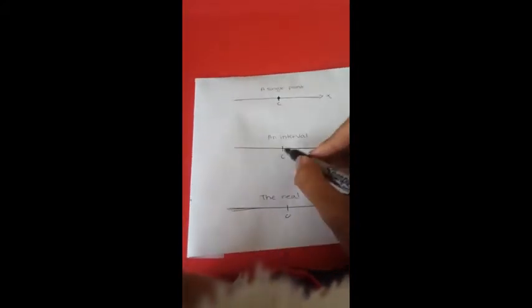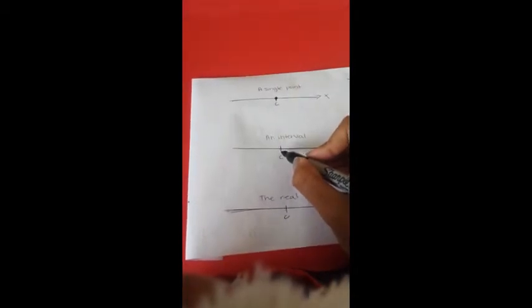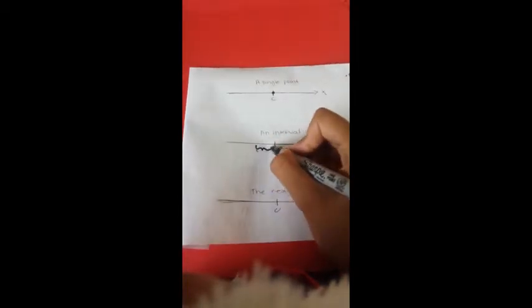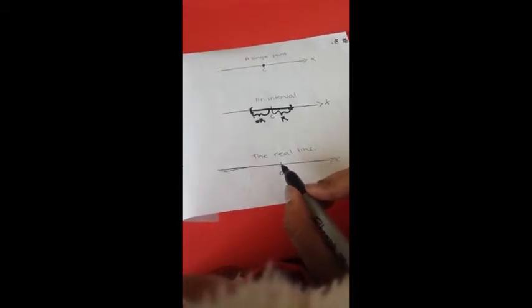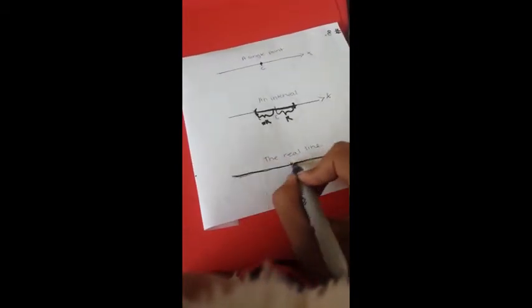An interval from negative r to r, or the left side of that, and that's where the series will converge. Or the third one is that the series converges on the entire real line.